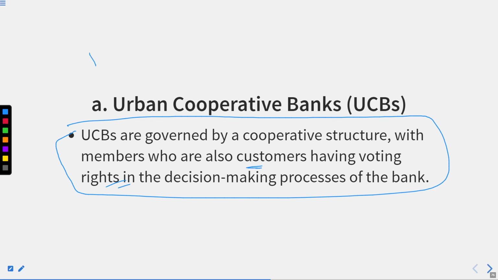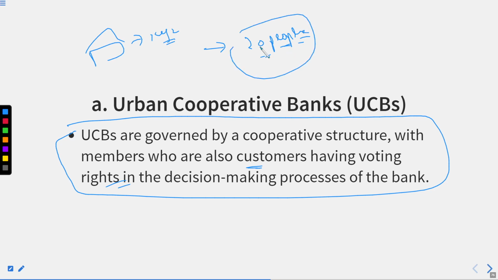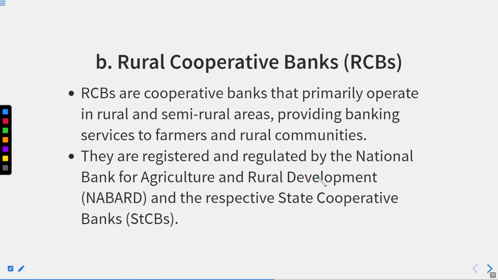All right, so suppose XYZ is making a policy for market segmentation or whatever, so all these 20 people have the voting rights in this decision making, because they are not only the customers but also the members. Got it? Now let's move forward.